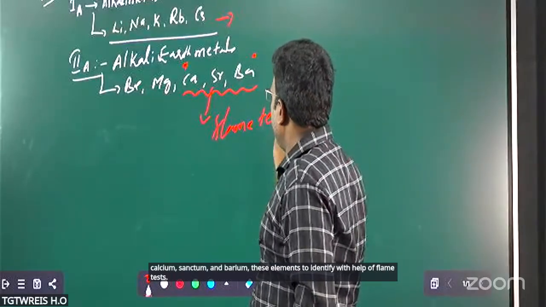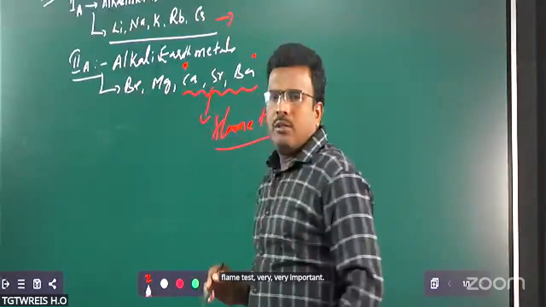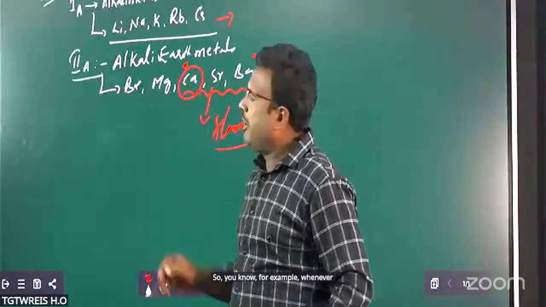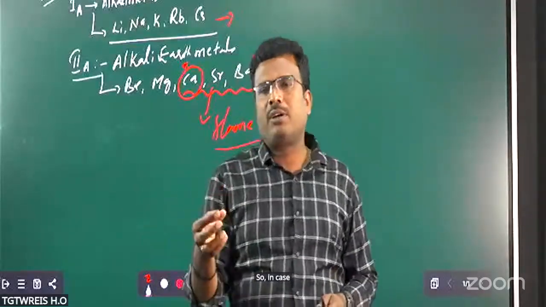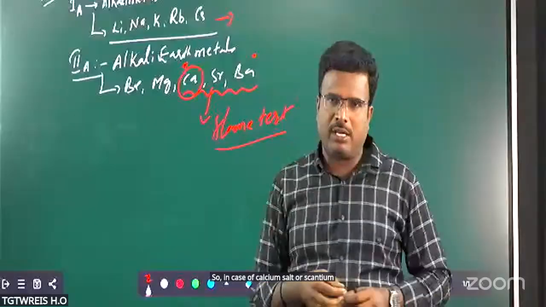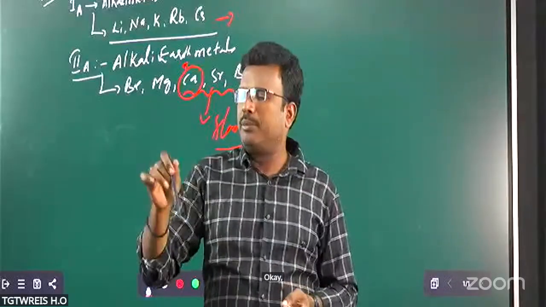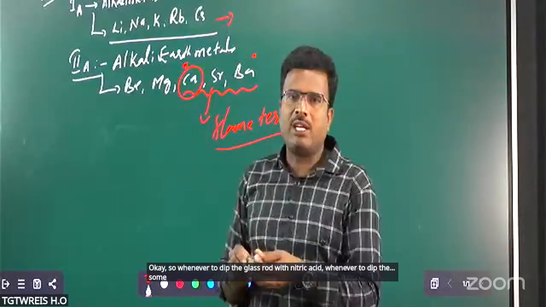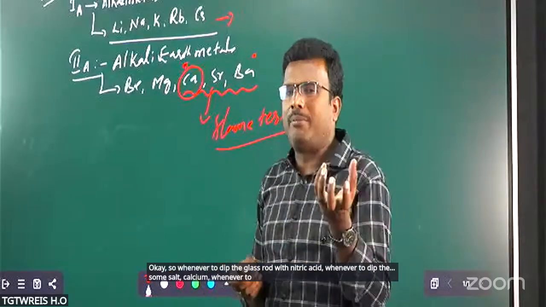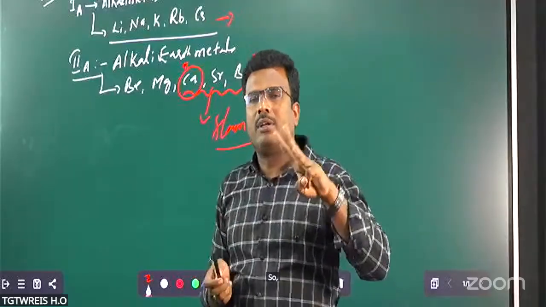Flame test, very important. In the laboratory, in the case of calcium salt, strontium salt, or barium salt, we dip a glass rod in nitric acid, then dip it in the salt and expose it to the flame. There are three layers in the flame, which I already explained in the previous class.